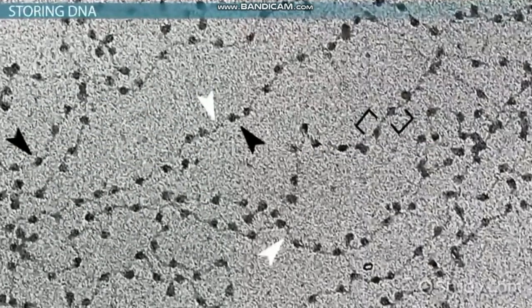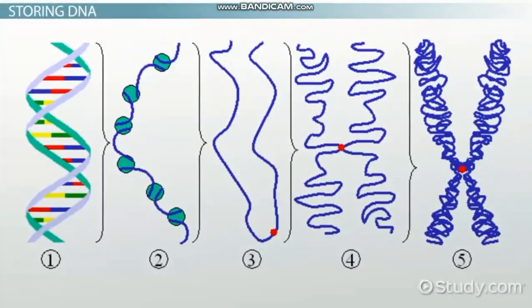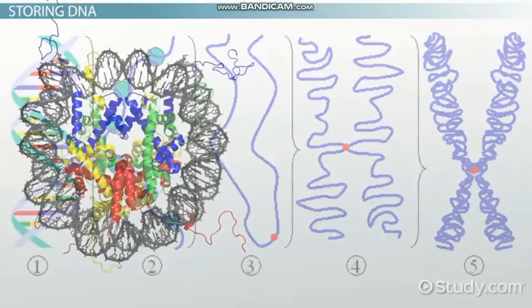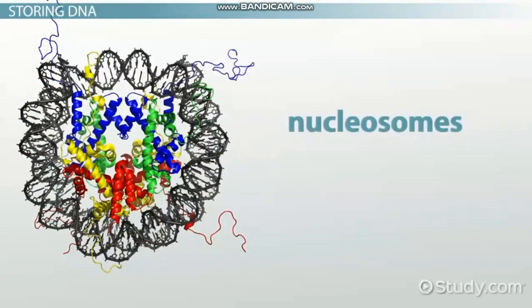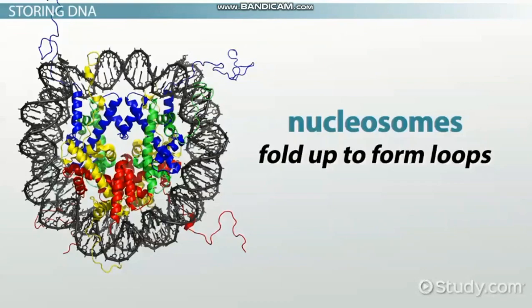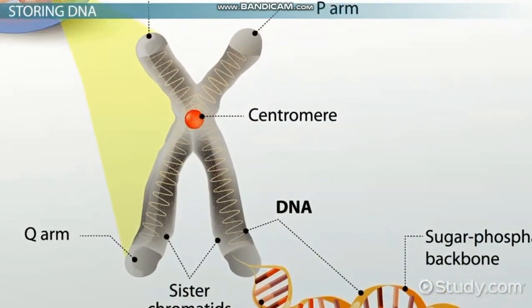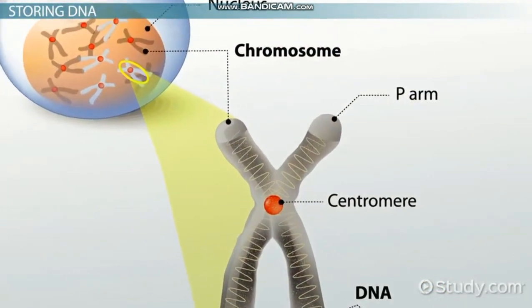Although chromatin looks like a thick mess when viewed through a microscope, the DNA is carefully wound like a string around tiny proteins that resemble beads. The resulting structures, called nucleosomes, fold up to form loops, which are then compressed into tight chromatin coils. This method of storing the DNA enables the nucleus to organize the DNA and fit so much of it into a tiny space.